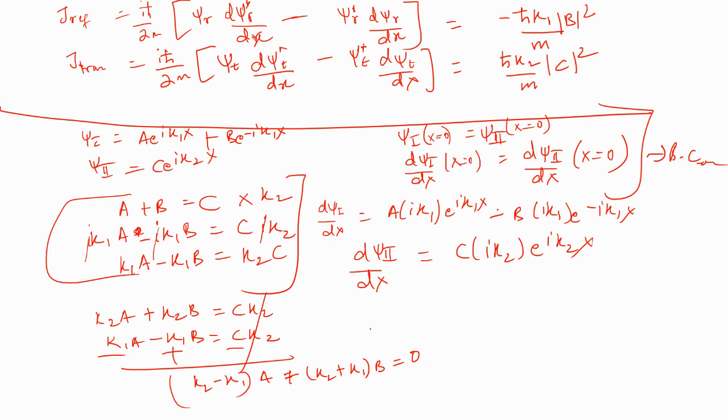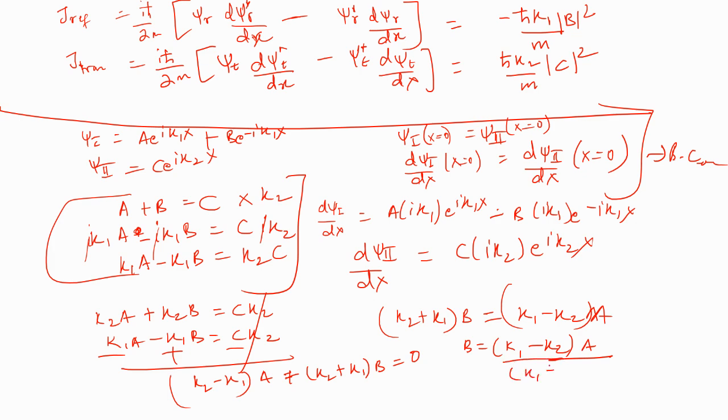Taking the a terms to the other side, b is equal to k1 minus k2 times a by k1 plus k2.